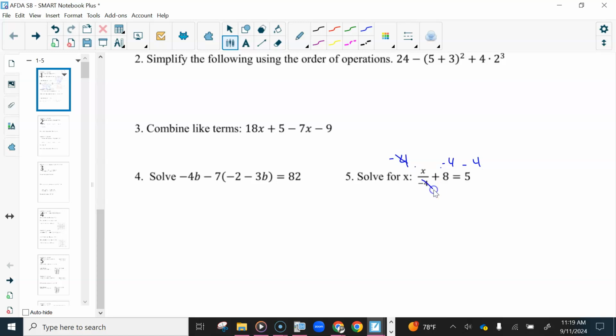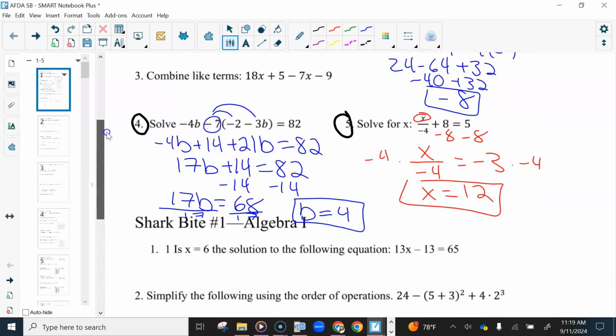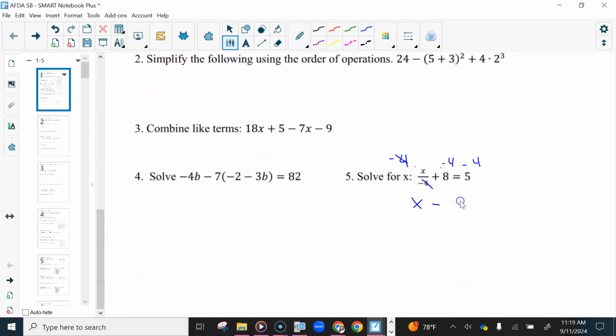So the 4 squared would still cancel, just leaving x. This would become negative 32 equals negative 20. And I would add 32 on both sides.